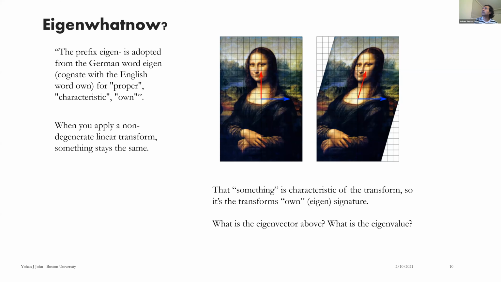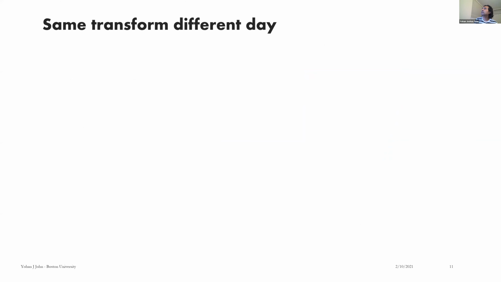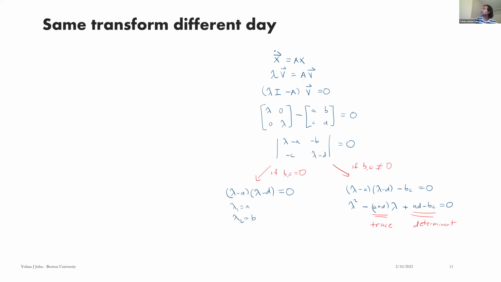So you can think of the differential equation where you have a linear operator multiplying the vector, the same thing happening over and over again. You're just applying this linear operator over and over and over again.